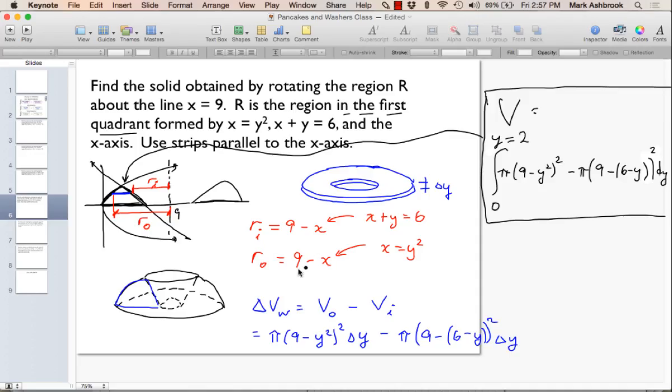This is going to be 9 minus (6 minus y). Then I meant for the upper bound. Oh, the upper bound? I think it's y equals 2, right? Because the point is 4, 2. When x is 4, y is 2.